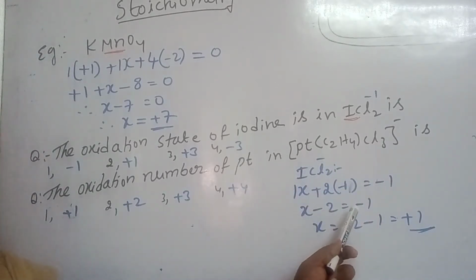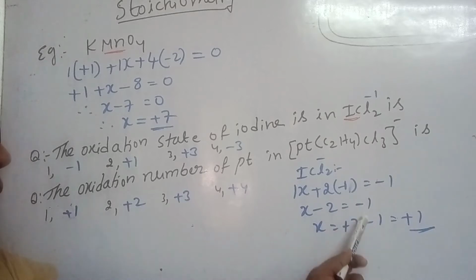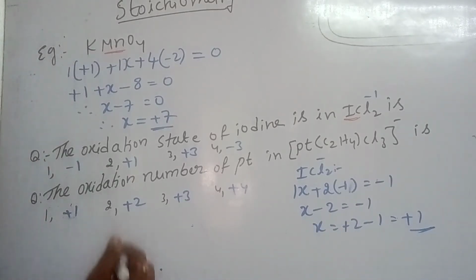So x minus 2 is equal to -1, so x is equal to -1 plus 2, that is +1. Which option is correct here? The second option, isn't it? The second option is +1. So this is the correct one.